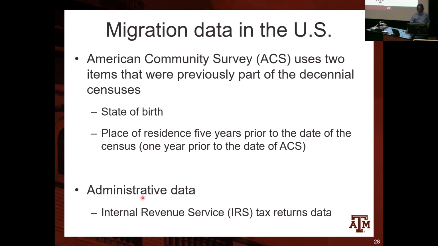So this is administrative data, not capturing exactly the date on which you moved, like Scandinavian countries have, like China has, but being able to measure that once a year. And it's data that you can link people over time because of the social security number.